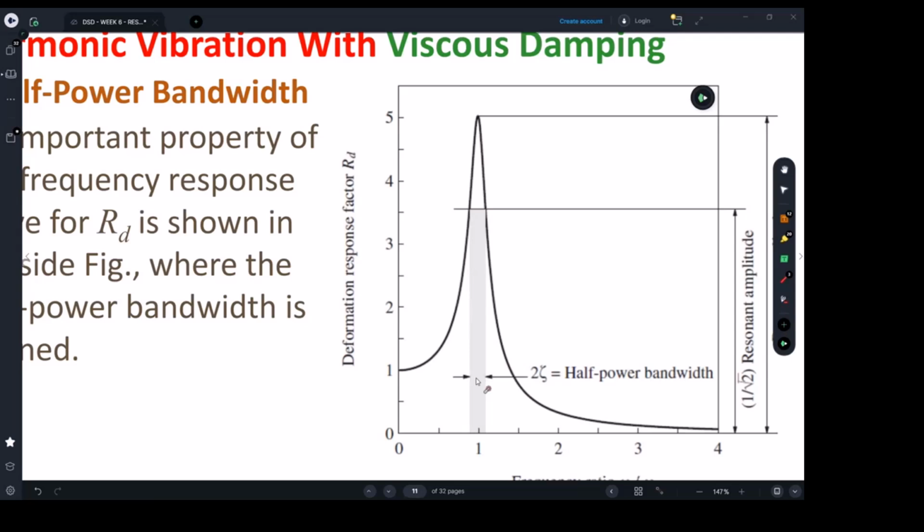These 2 points define the half power bandwidth. They found that this range is typically 2 times the damping ratio.